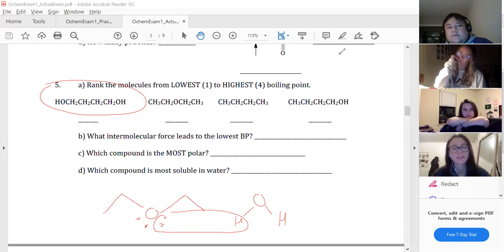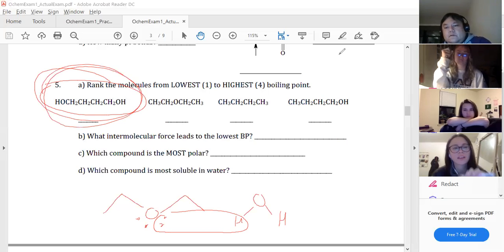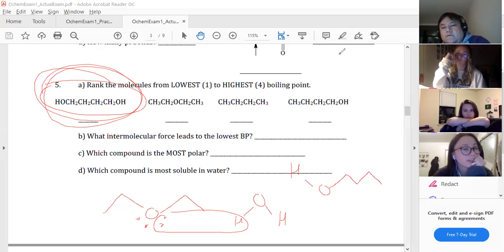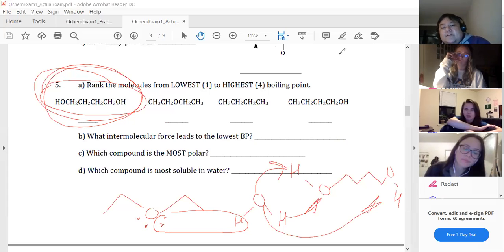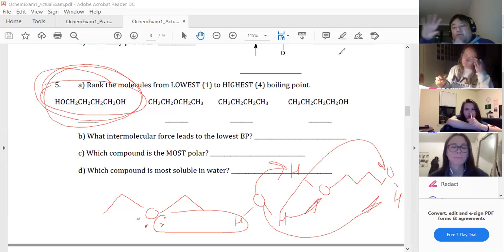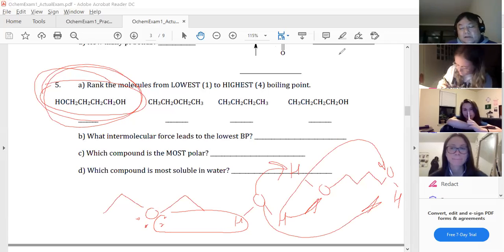There are 2 OHs, so I can hydrogen bond here, here, here, and there, right? So the more places that it can do that hydrogen bonding. Does that make a little more sense? Yeah, that makes more sense.